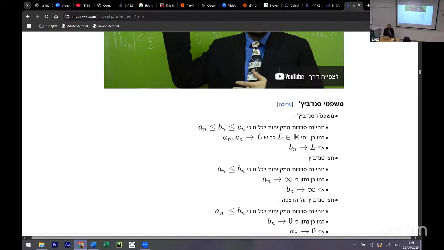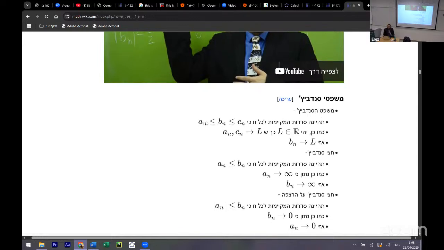So, the sandwich theorem: if an is smaller than bn, which is smaller than cn, and both of the sequences at the edges tend to L, then the sequence in the middle tends to L as well. And I will write it in the notes in a second.